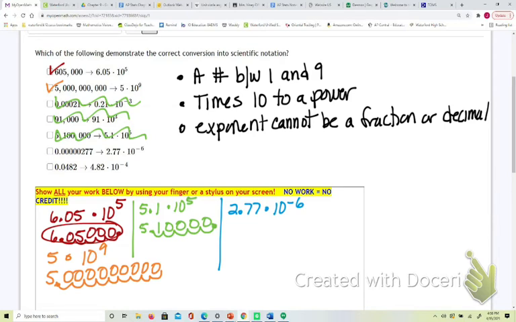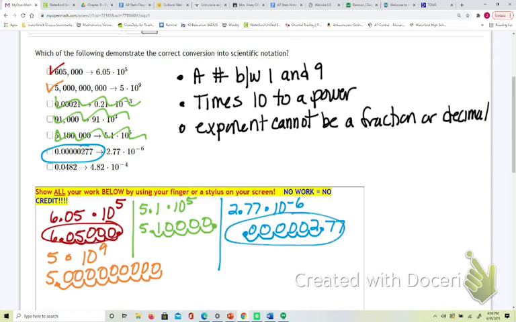So I'm going to write the 2.77 off to the right, and I'm going to move it 6 places left. 1, 2, 3, 4, 5, 6. Put zeros in all of the empty spaces. Now we've got to compare. Is that the same? So I'm going to look at my zeros. 1, 2, 3, 4, 5. 1, 2, 3, 4, 5. Yes! They match.